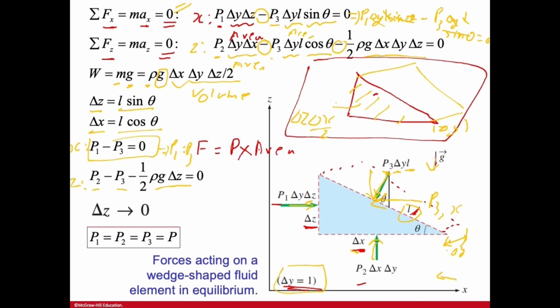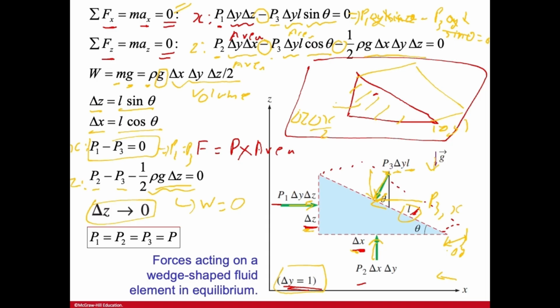So now if you consider the limiting case of the volume shrinking to a point, that means this delta z and delta x going to 0. At the limit delta z goes to 0, this term, or the weight corresponding to it, will also go to 0, right?